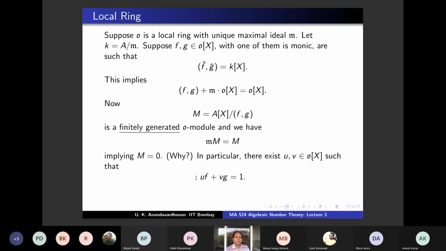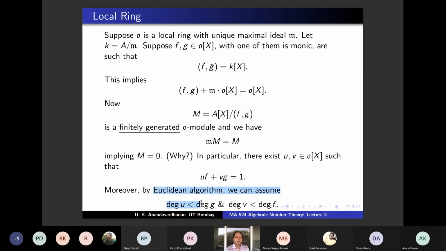That's because you have the Euclidean algorithm here. If degree of V is greater than or equal to degree of F, then you can write V as QF plus R with degree R less than degree F, and you can substitute and you will get a similar polynomial.